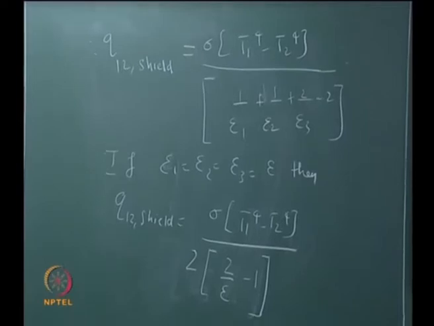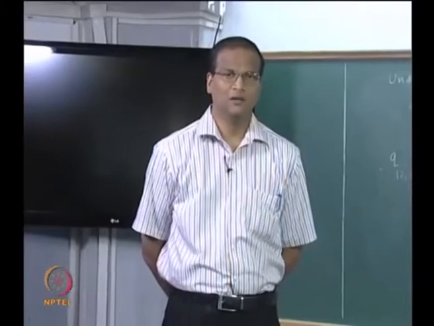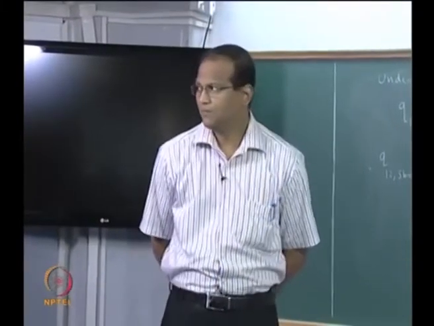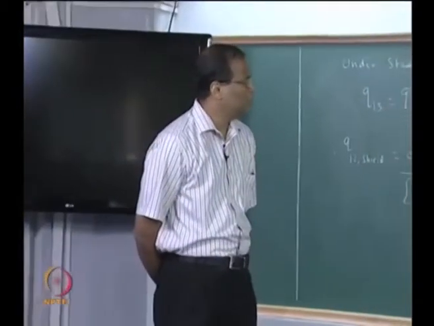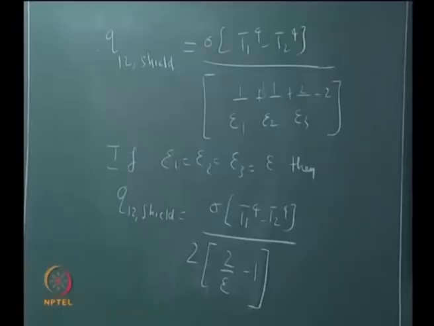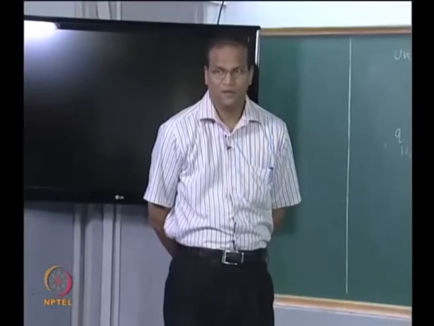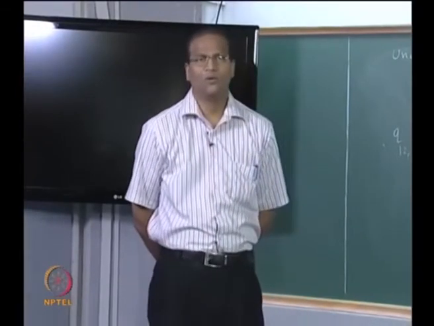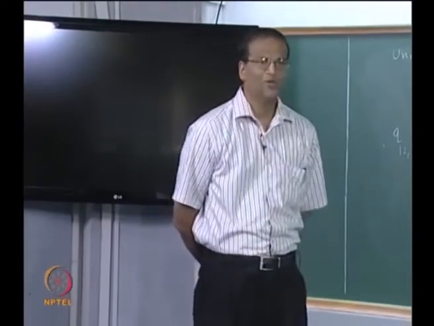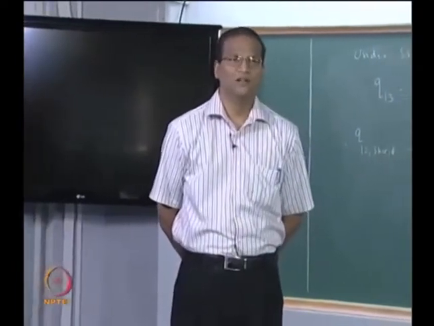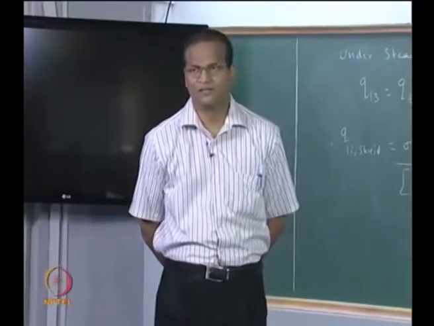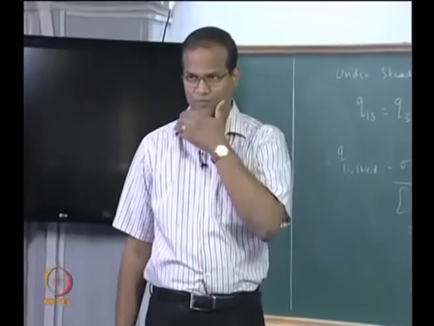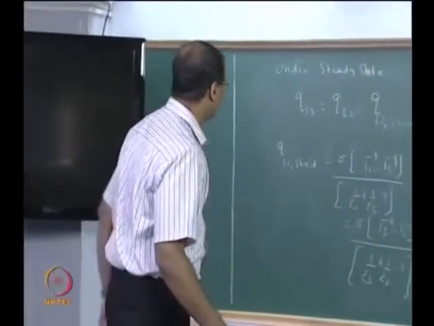Now, if all the epsilons are the same, what will be Q12 no shield? Yeah, if all the epsilons are the same, then Q12 no shield will be sigma (T1 to the 4 minus T2 to the 4) divided by (2 by epsilon minus 1). Therefore, Q12 shield is equal to Q12 no shield divided by n plus 1, where n is the number of shields. Okay, is that clear? So we will write it out formally.